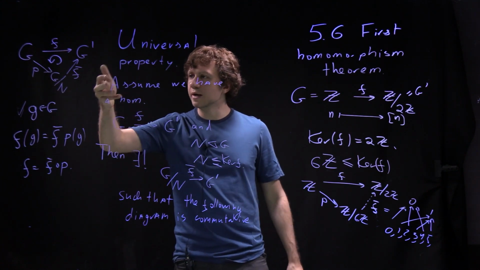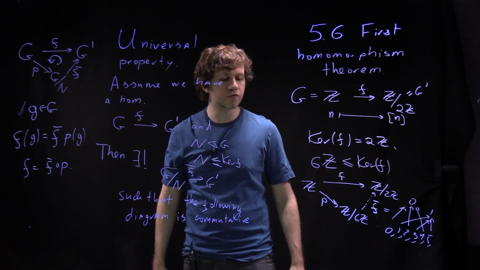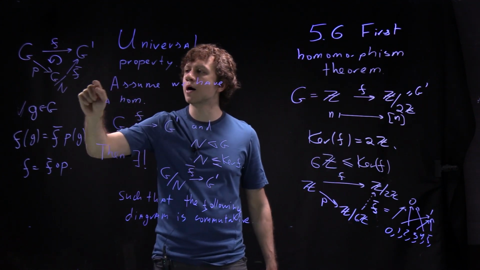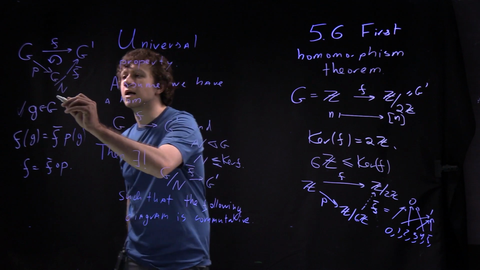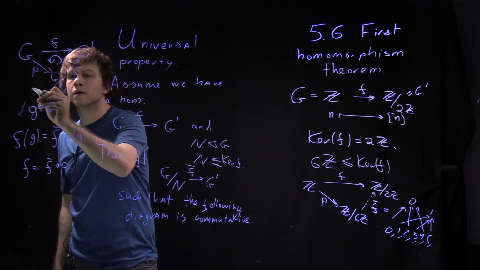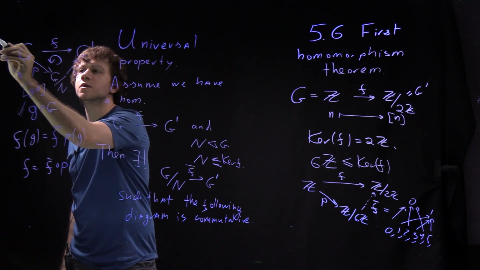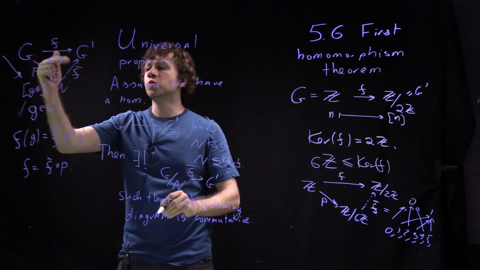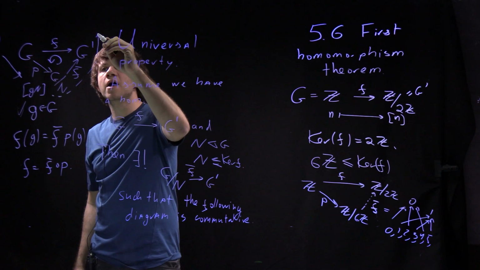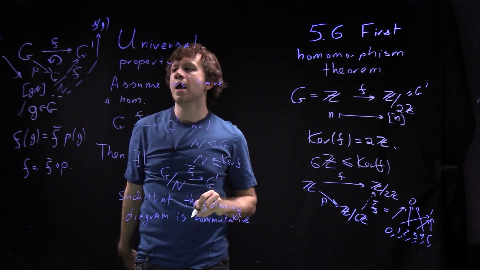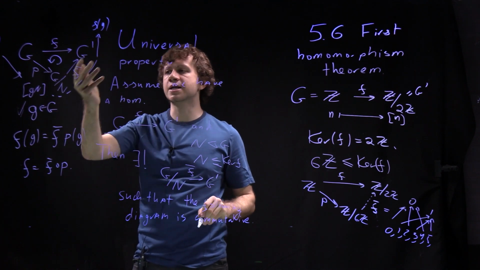So this gives an idea how to prove your theorem in general. If you want to construct this map F bar, you just say take a class gN here. So it comes from an element g. And so you know that what you want to send it to is F of g, because that's the only way the diagram will commute. And the question is, this construction has a choice.